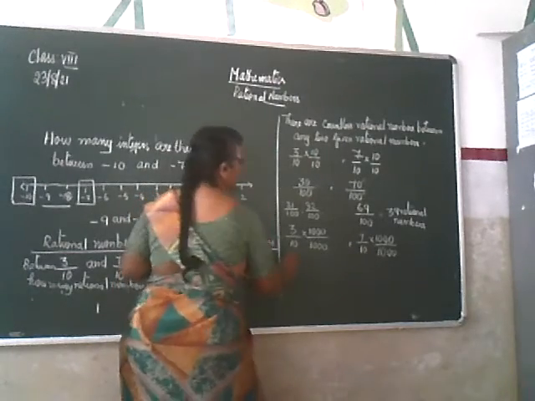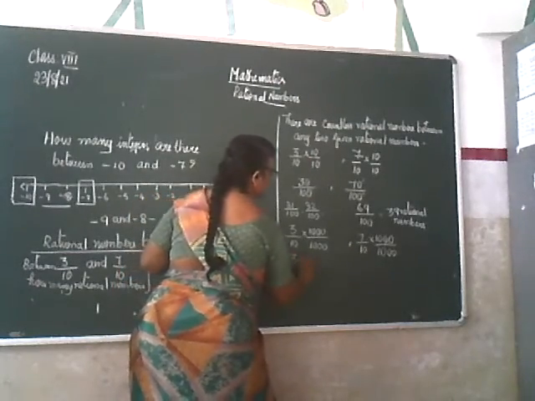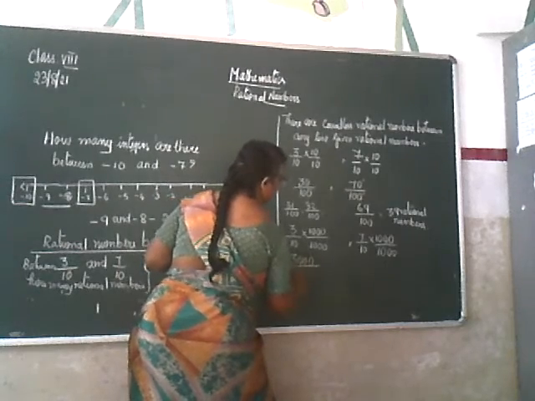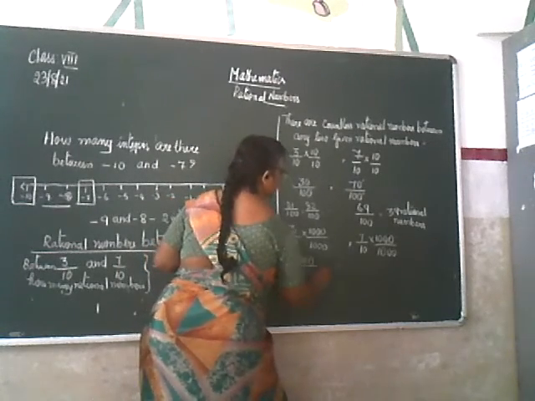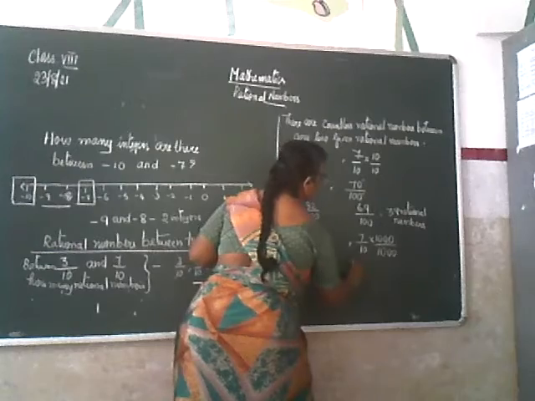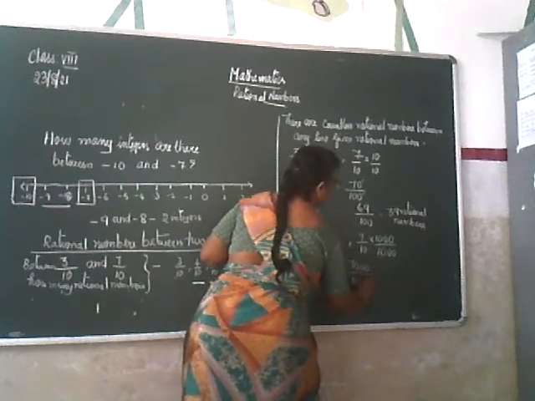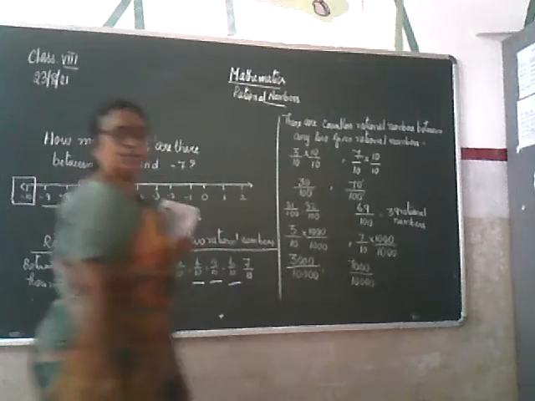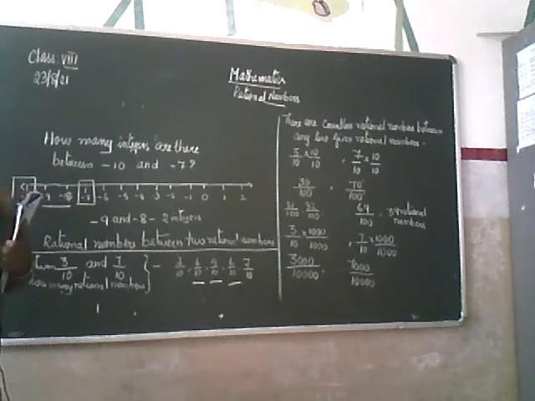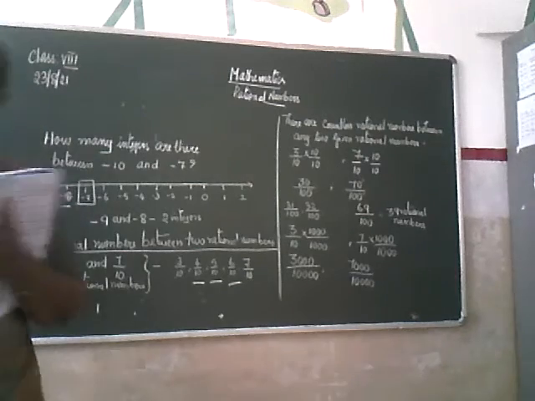So 3000 by 10,000 and 7,000 by 10,000. In between, how many rational numbers will you write? You tell me now.